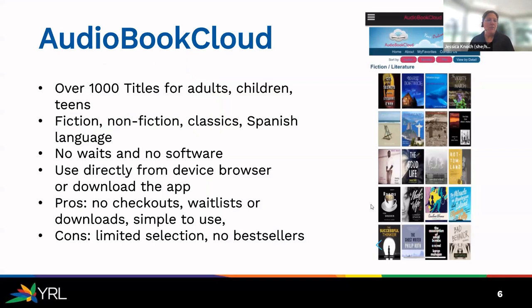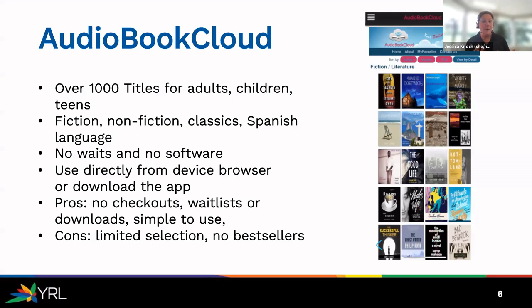So AudioBookCloud offers a small selection. By small, there's over 1,000, but it is a relatively small selection of audiobooks that are available in a wide variety of genres and for a wide variety of age groups. The benefits of AudioBookCloud is that there's no wait and there's no special software to download.